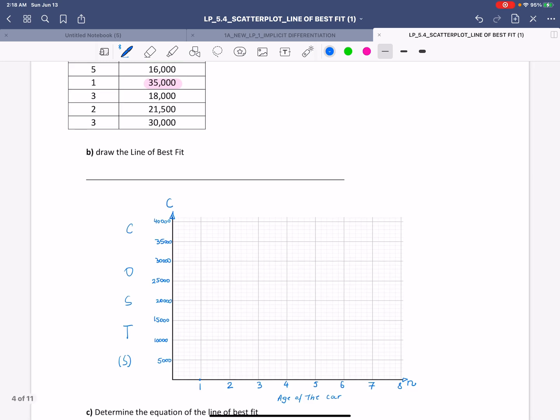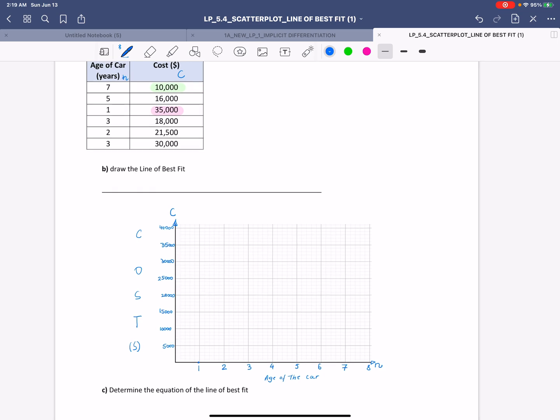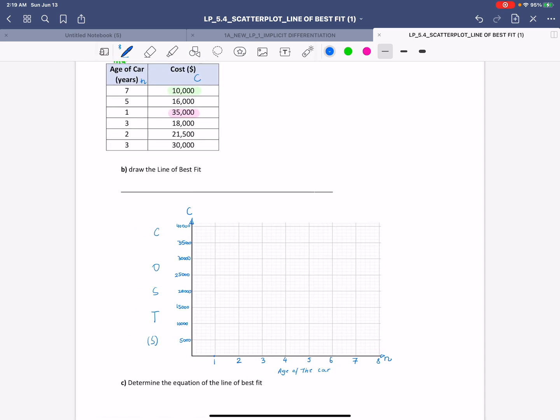Now that we have a scale, we're going to plot the points. So year 7, 10,000 means that the point must be somewhere in here. So I will plot it. Now, year 5, 16,000. So we'll go 5, not 15, but 16.